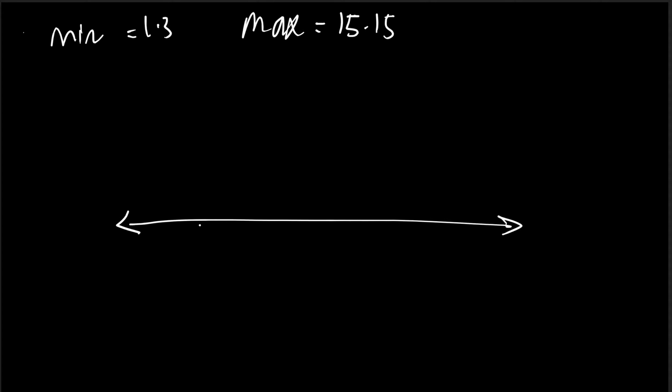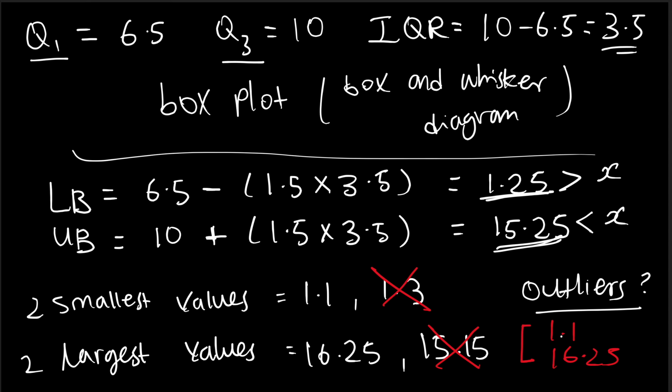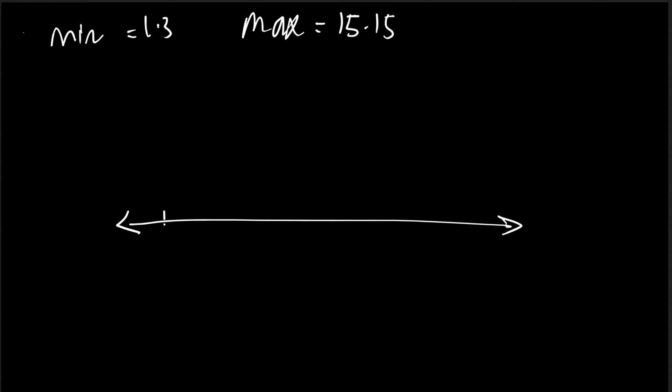1.3 and 15, so let's make the scale go from, but we want to show our outliers on it too, so 1 to 17, I guess. Maybe 1 to 20 is fair. 2, 3, 4, 5, 6, 7, 8.